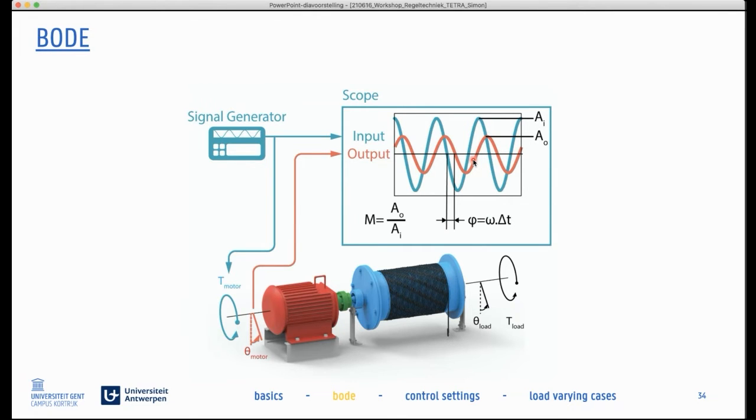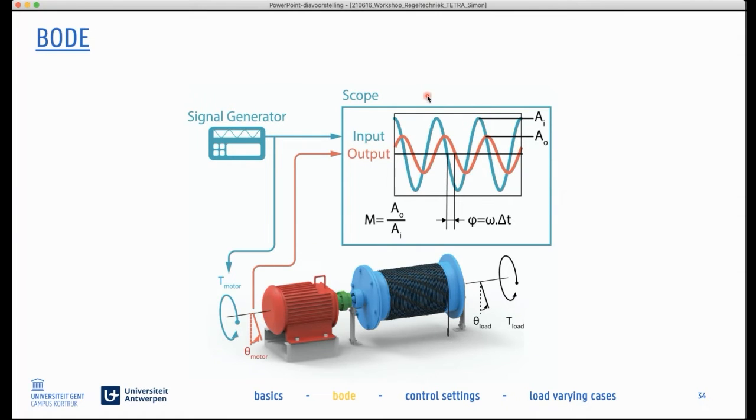So you get the sine wave at the same frequency. But it is very logical that your output cannot follow your input. So your output has a lower amplitude than the input. Moreover, if it cannot follow, you also have a sort of delay. And here we have this phase lag between the input and the output. We get a certain phase lag.